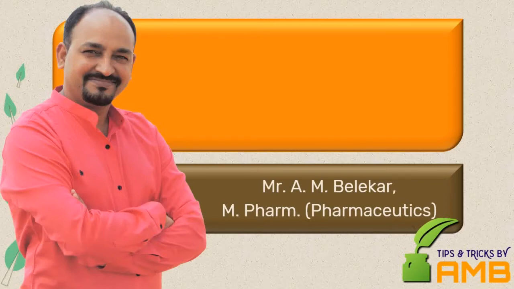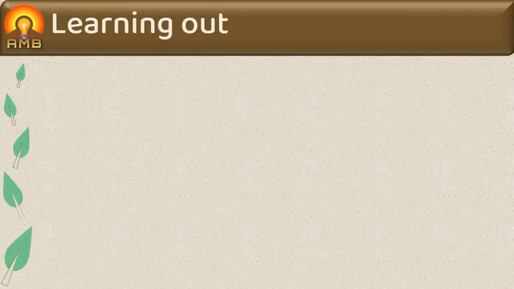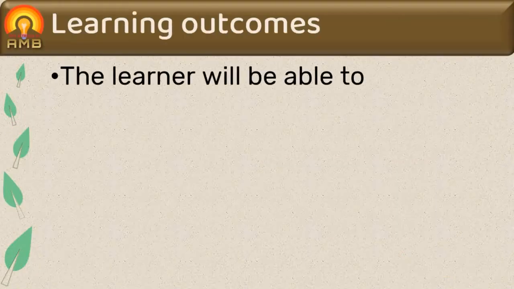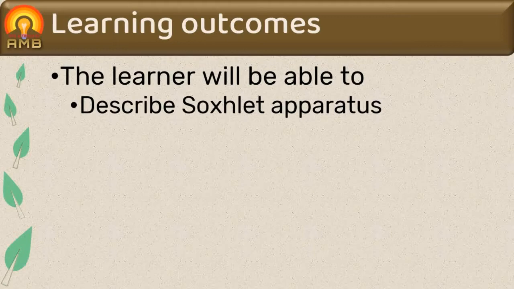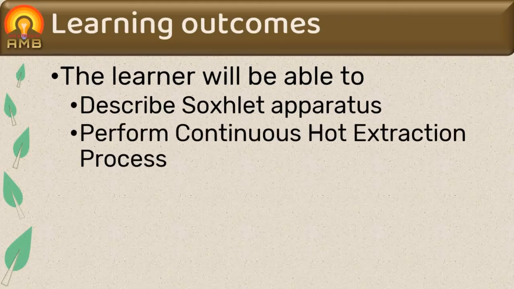We already discussed simple percolation, reserve percolation and modified percolation process in detail. Now we will discuss the next type of percolation process, that is continuous hot extraction process, also called Soxhlation. After going through this video, the learner will be able to describe Soxhlet apparatus and perform continuous hot extraction process.